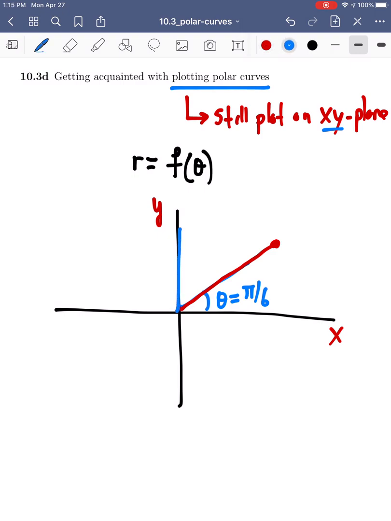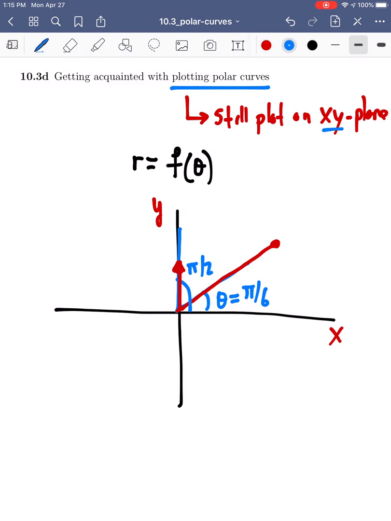When theta equals pi over 2, we're asking ourselves again, how far do we go out along that direction of pi over 2 for our polar radius?